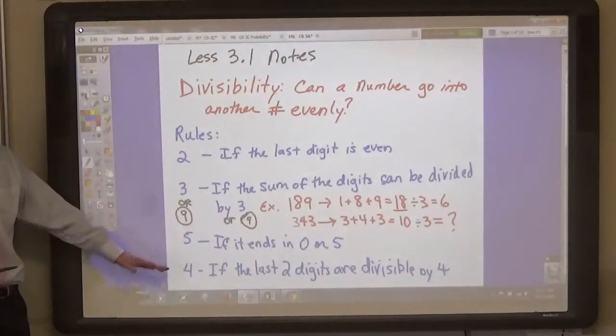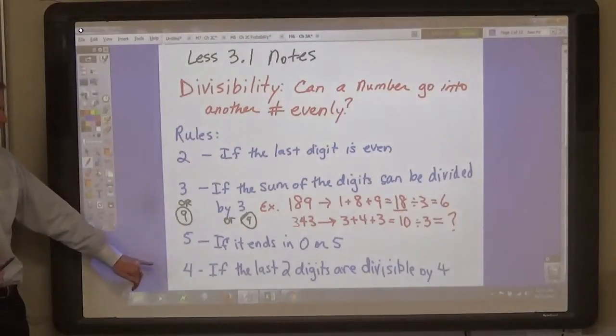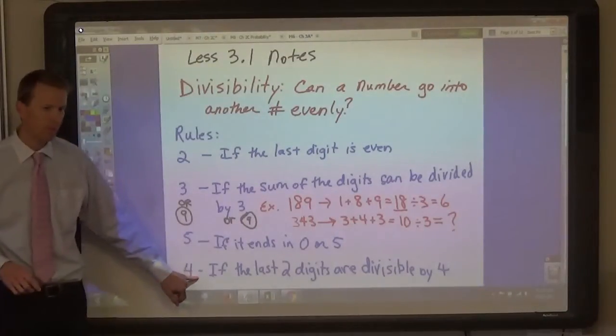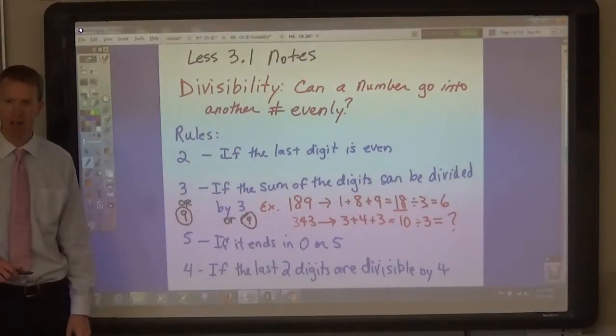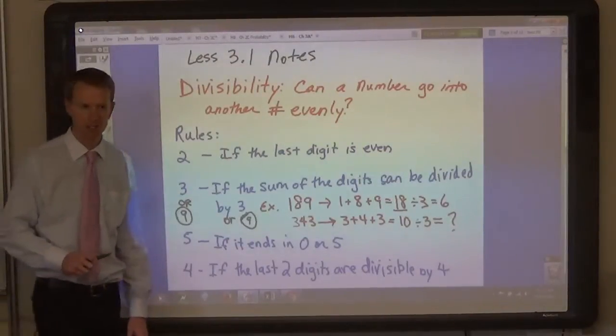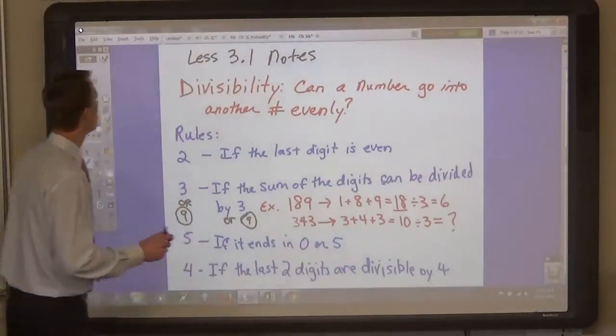Now, the next 3 are a little more complicated. For 4, if the last two digits in a number are divisible by 4, then the number is divisible by 4. So here's an example of that.